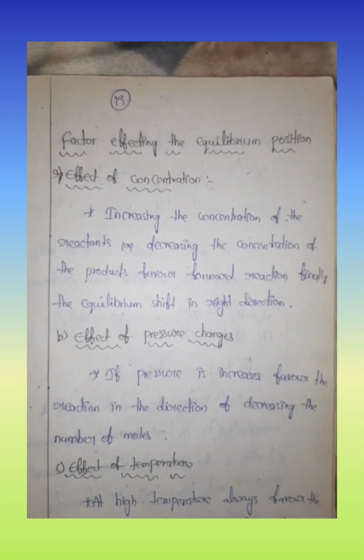Factors affecting the position. Effect of concentration: increasing the concentration of the reactants or decreasing the concentration of the products favors the forward reaction, so the equilibrium shifts in the right direction. Effect of pressure: if the pressure is increased, the reaction goes in the direction of decreasing the number of moles.